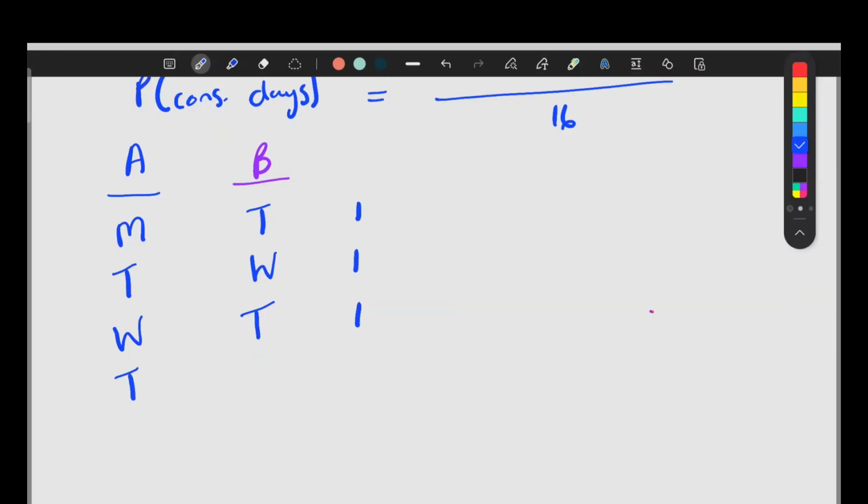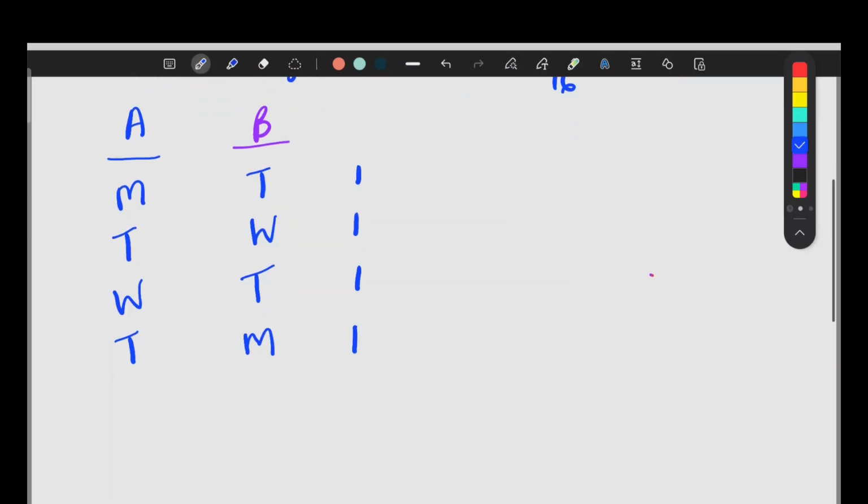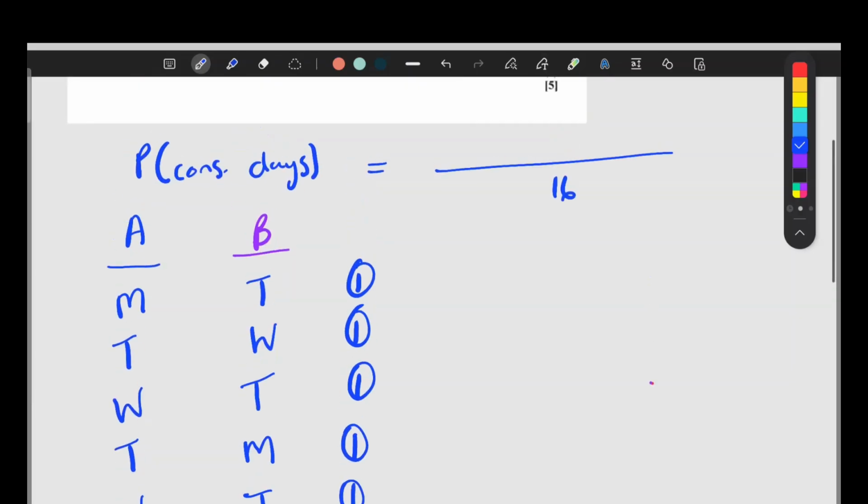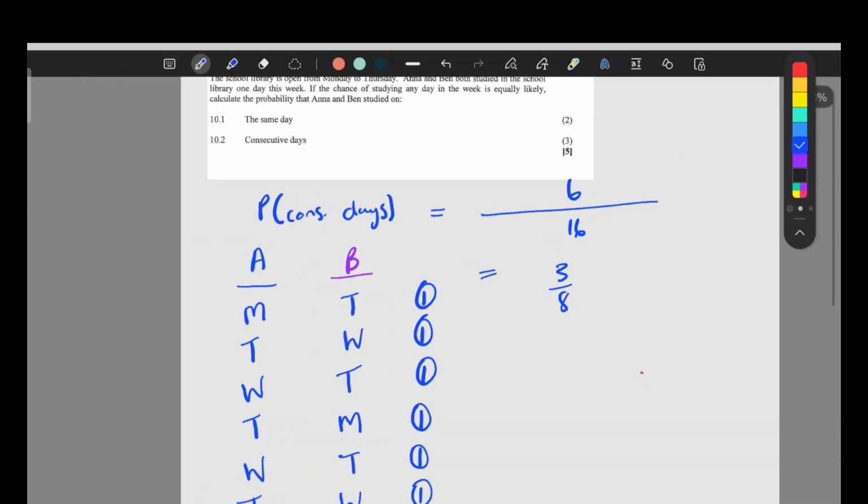Yeah, Anna can be Tuesday and Ben can be Monday. Or Anna can be Wednesday and Ben Tuesday. That's still consecutive, eh? Or Anna can be Thursday and Ben Wednesday. So 1, 2, 3, 4, 5, 6. That's 6 over 16. If you simplify that, the answer is 3 over 8.